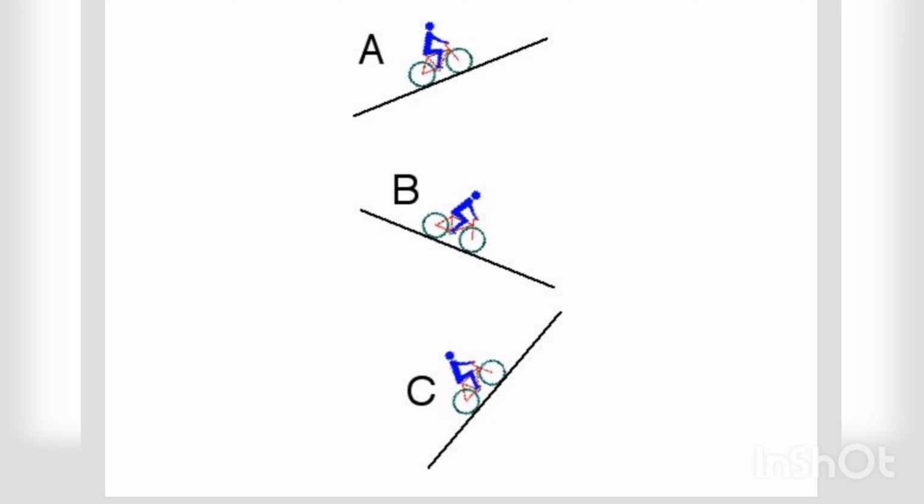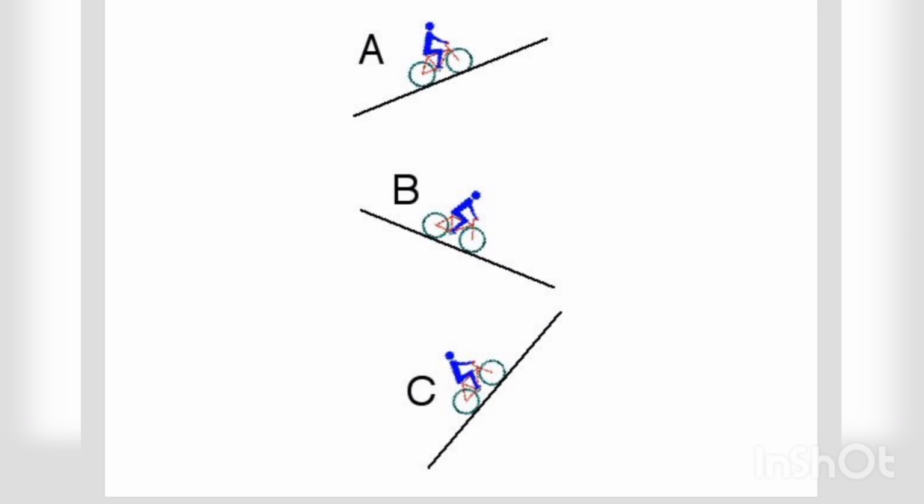Now look carefully at the images on the screen and pause the video and think for a moment whether you can see any difference between image A and image C. Okay, so I'm going to presume that you did pause the video, and hopefully you noticed that in both the images, that is A and C, the person is cycling up the hill, so it's an upward movement, that is, the slope is obviously positive.